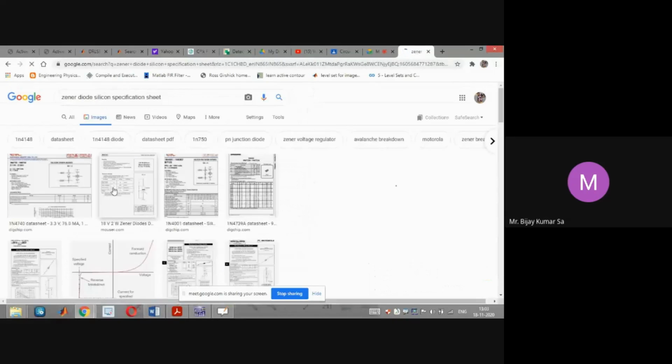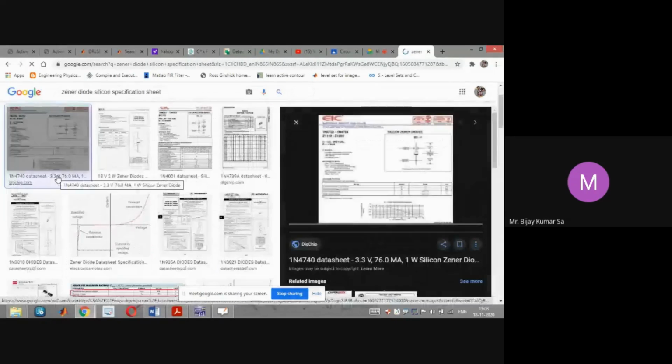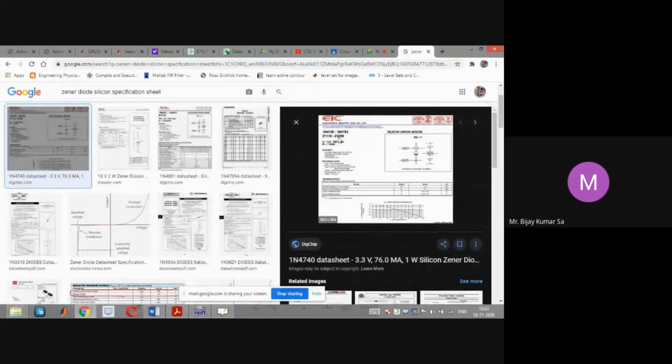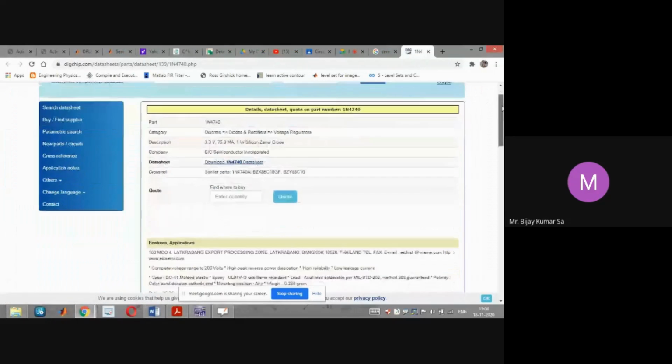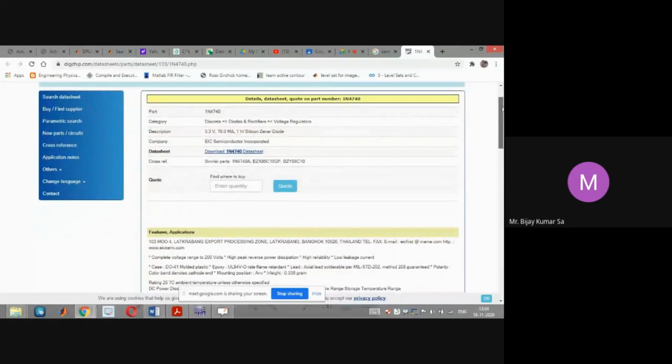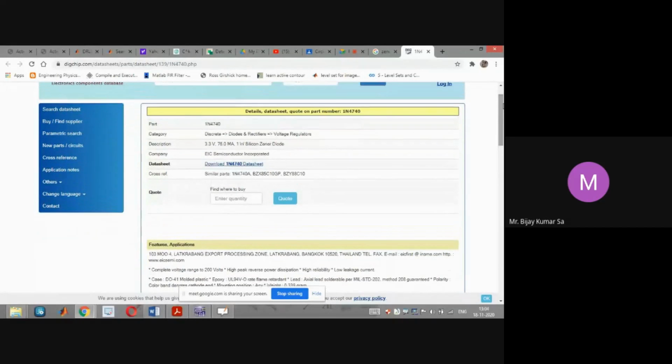If I open a typical one, this is the specification sheet of a zener diode. What is its name? The zener diode has the name 1N4740. You can download the datasheet if you want to know more about this zener diode.